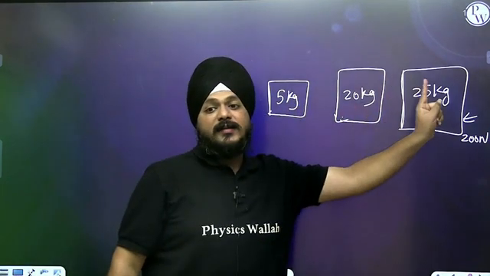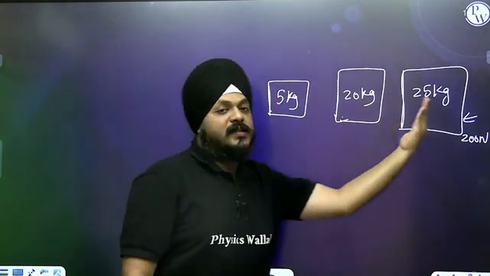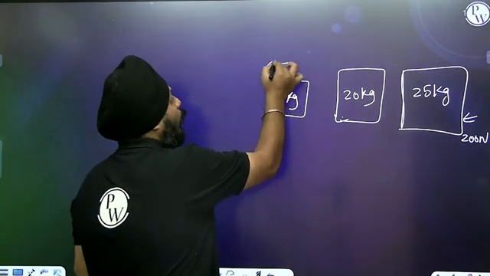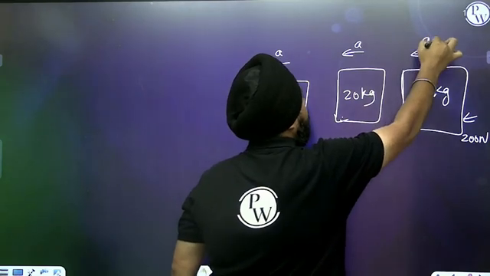See, we have only one force acting on this system. It means one thing is fixed: the entire system is getting accelerated in the left direction, and all of them have the common net acceleration.